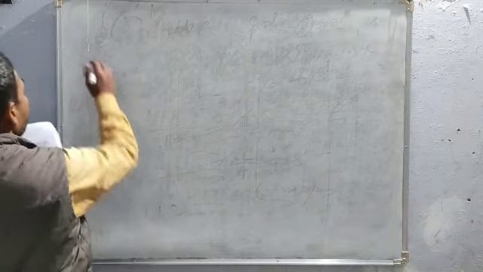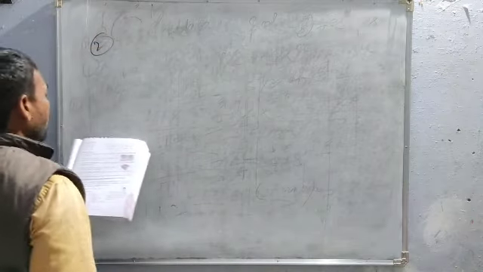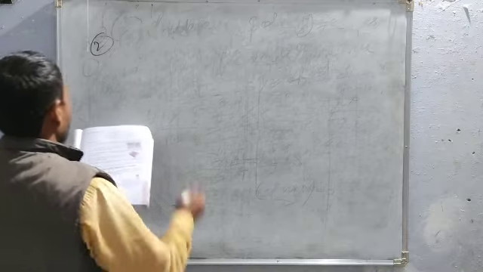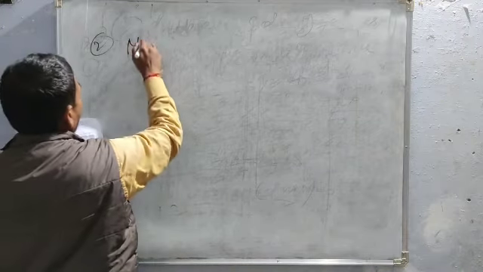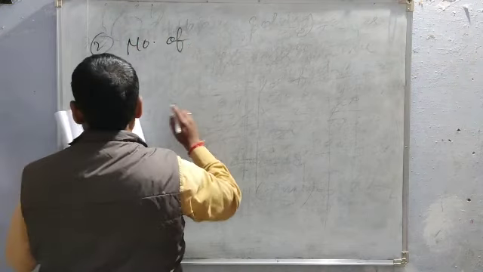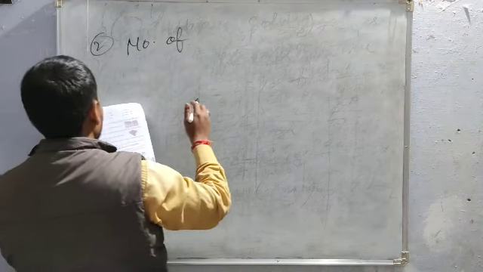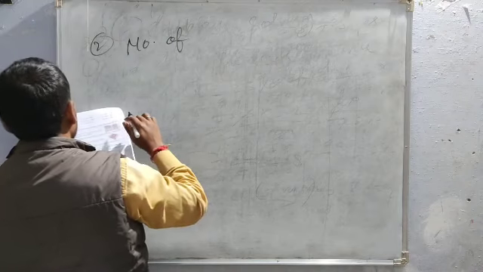So second, number of girls. I am writing the statement shortly, only one line. You can write more. Number of girls. Percentage of girls I am not asking. Here this question asking how many girls.